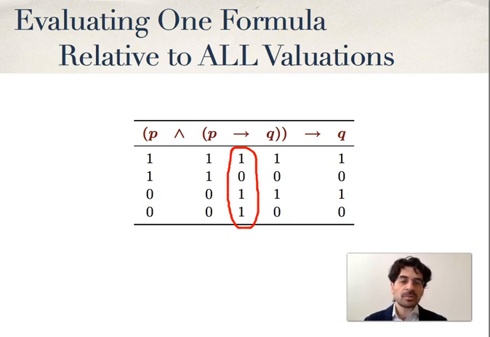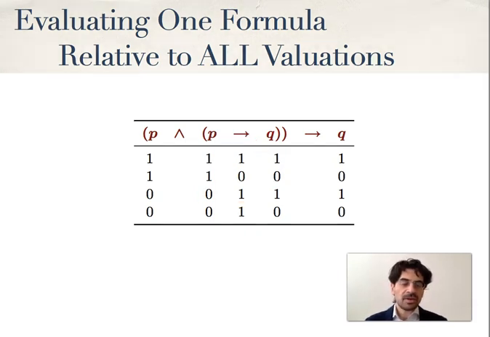Well, this just follows from the truth table for the implication. If both antecedent and consequent, namely P and Q, have truth value 1, then the implication also has truth value 1. However, if the antecedent has truth value 1 and the consequent has truth value 0, the implication will have truth value 0. In the remaining two cases, since the antecedent has truth value 0, the implication will always have truth value 1, regardless of the truth value of the consequent.